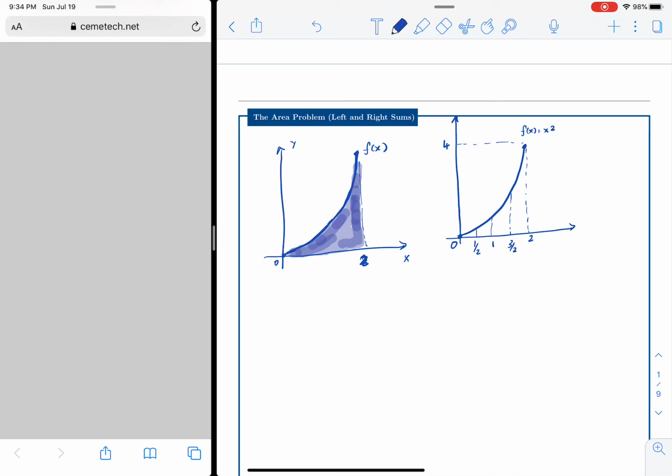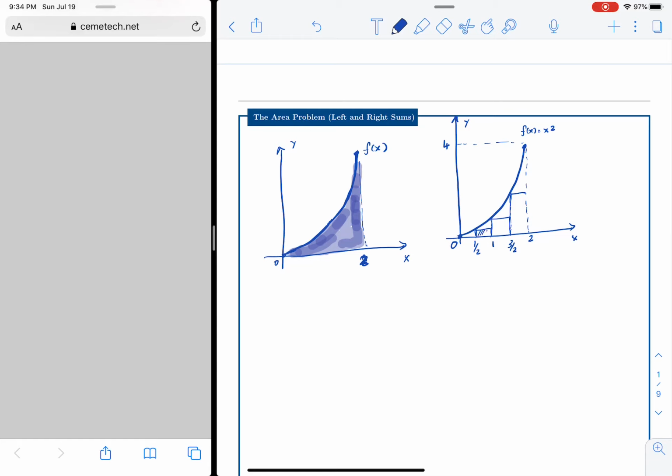Now, I could pick the left endpoints, which are right over here, and go toward the right side, and I can actually get the rectangles, and I would have 3 rectangles, and this is what we call the left sum when I write the sums of the rectangles.